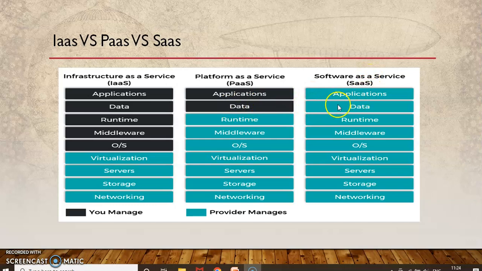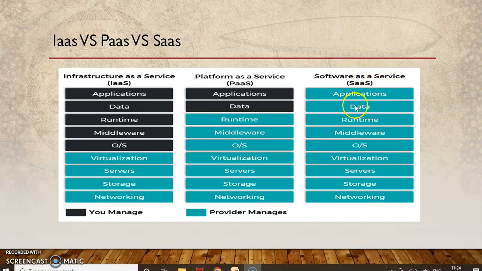In software as a service, you are responsible for the authenticity of the data because you are inputting the data. So authenticity of the data is dependent on you, whereas the backup and the security, the service provider ensures that the data and the applications are available 24/7.